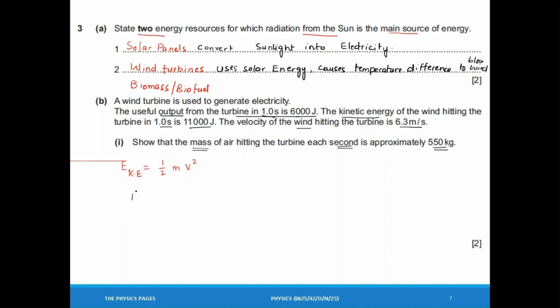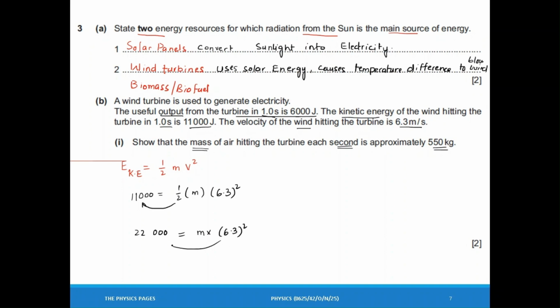Kinetic energy per second, we know that, it's about hitting. So it's 11,000, half, mass is unknown, velocity is 6.3 square. I will move this 2 to the other side. So this will change into 22,000 joules is equal to mass times 6.3 square.